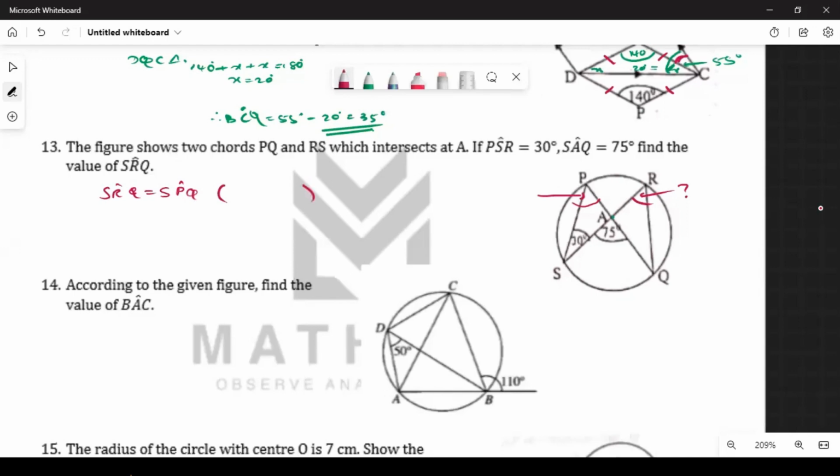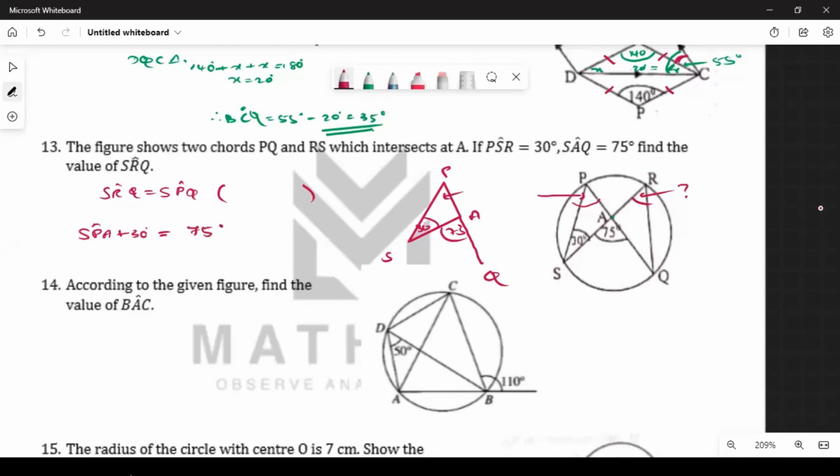So I can take this triangle here, triangle SPA. Listen carefully. This is S, this is P, this is A, and this PA side is produced till Q. And here we have a 75 degrees angle. This angle is 30. We can calculate the value of this angle SPA. So SPA plus this 30 degrees will add up to the value of the exterior angle 75.